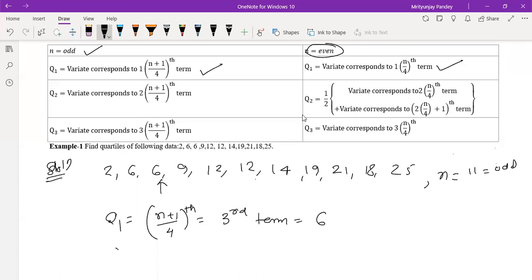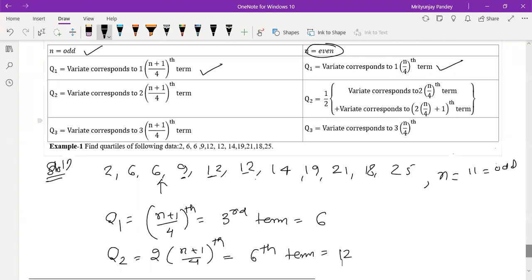This is Q1. Now Q2 is 2 times (n plus 1) by 4. So that is the sixth term. What is the sixth term? I have already clicked the first, second, third. Third, fourth, fifth, sixth. So the answer is 12, right?